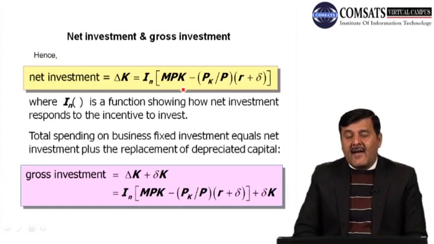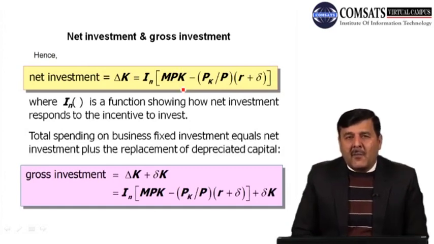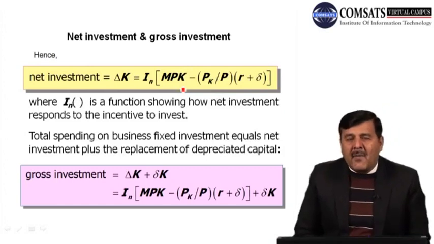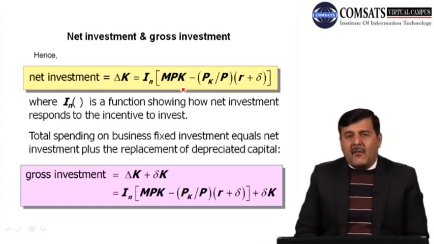It can be written as IN is a function of MPK, which is the benefit, minus the real cost of capital, that is PK over P into R plus depreciation, right?